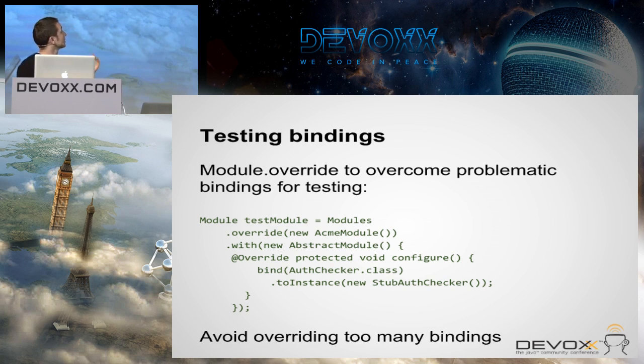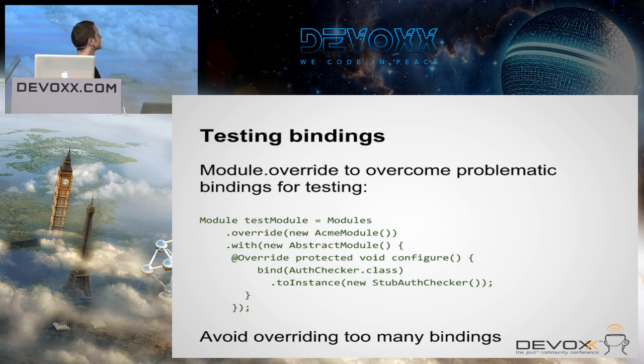One of the other things you might want to test would be the bindings themselves. Do we have all the required bindings? Are they all being provided? Do we have a coherent set of modules to create an injector? One of the tools you can use to help create those modules in testing is that in Juice, you can override individual bindings in your test code.